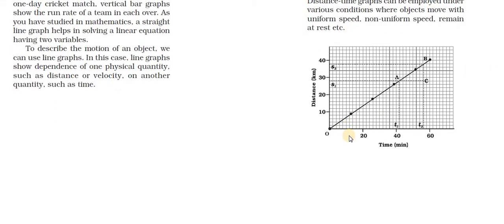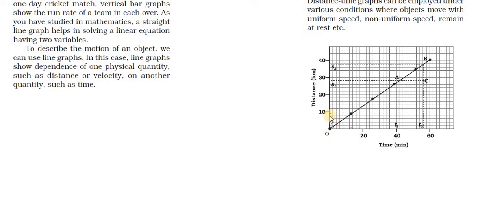Here the distance-time graph is given. See here, this is the time, mentioned in minutes. Counting 1, 2, 3, 4, 5, 6, 7, 8, 9, 10, each division is 2 minutes. Here also each division, counting 1, 2, 3, 4, 5, is 2 kilometers.